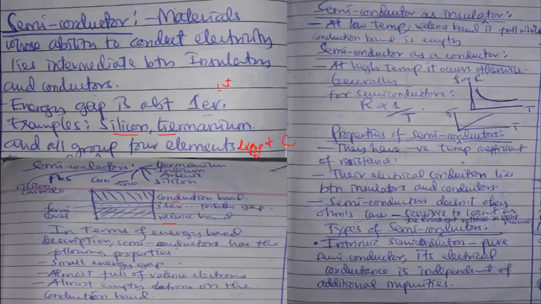So under low temperature, the semiconductor behaves as an insulator completely, unlike a conductor. A conductor under low temperature has very high conductivity. But for semiconductors acting as insulators under low temperature, the conduction band is empty and the valence band is full, therefore it cannot conduct electricity.